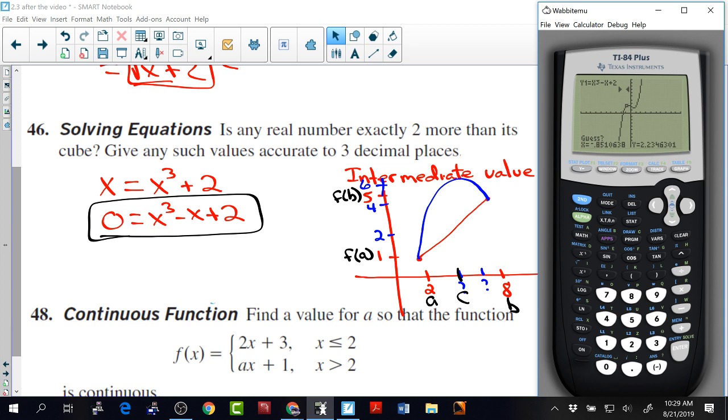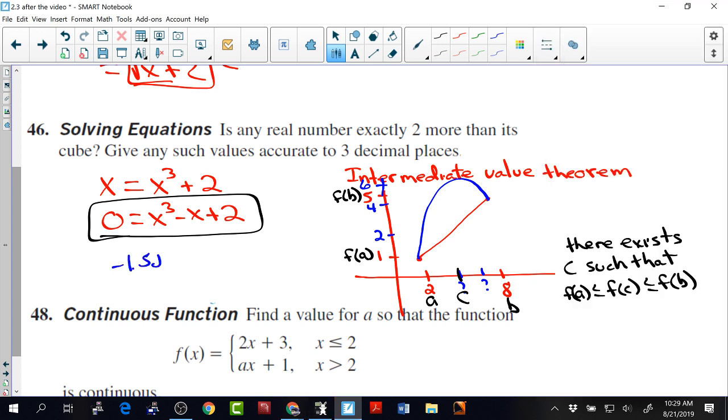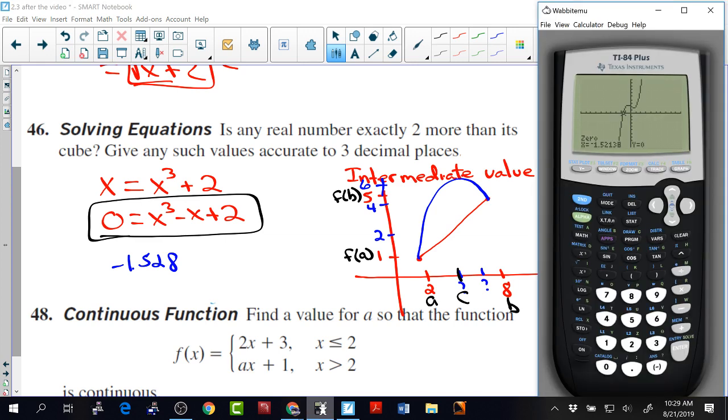Y has to be 0 in there somewhere, because I know it's a continuous function. I gave it a negative on the left. I gave it a positive y on the right. Somewhere in there, it's got to be 0. And then it says guess, and you just back up, enter. But the calculator bases that off of the intermediate value theorem. So then it says give any such accurate to 3 decimal places, negative 1.528 or whatever it was.